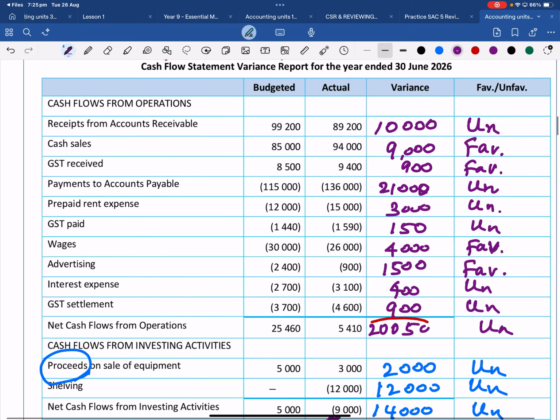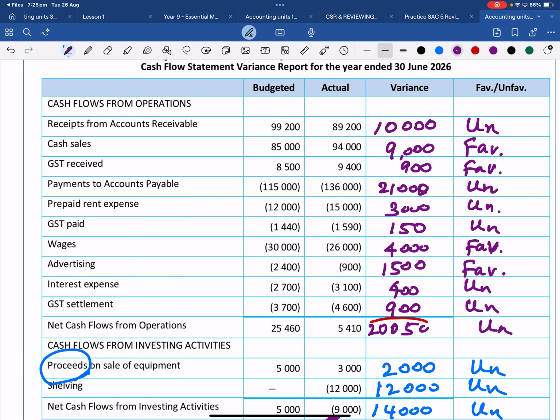This is the main headache. Our operating activities has a negative cash flow outcome. Why do we worry about the operations? Because in a business, operations is the main mechanism that generates cash.